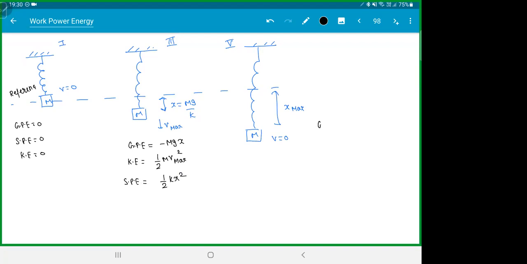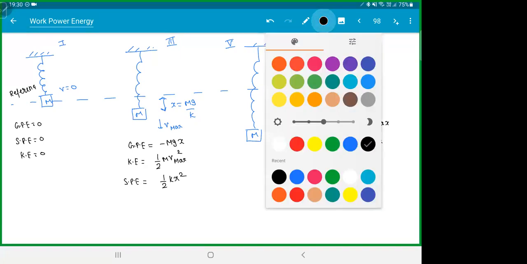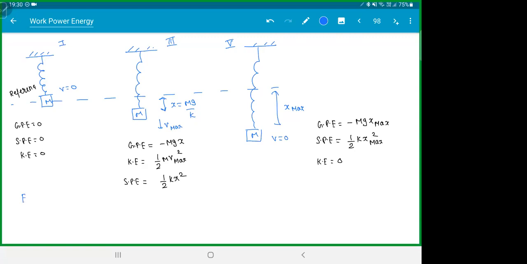State 5, gravitational potential energy, minus mg x max. Spring potential energy, half k x max square. Kinetic energy, 0. So energy in state 1 is equal to energy in state 3.